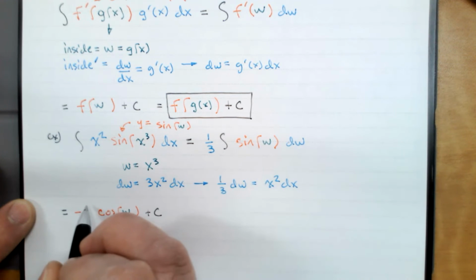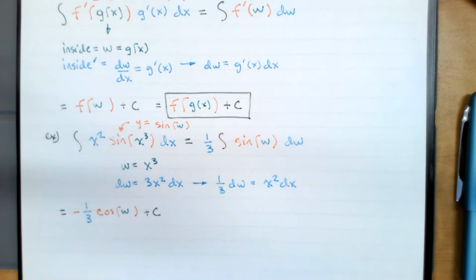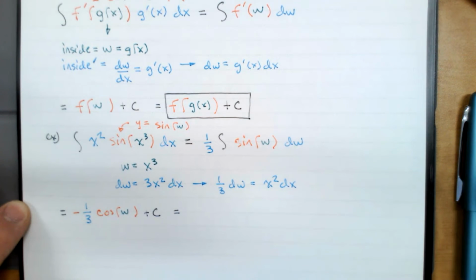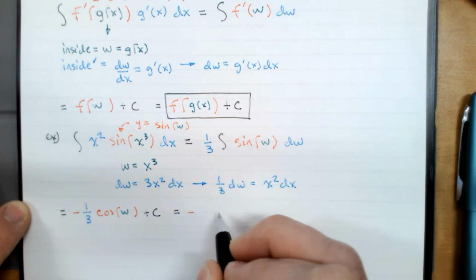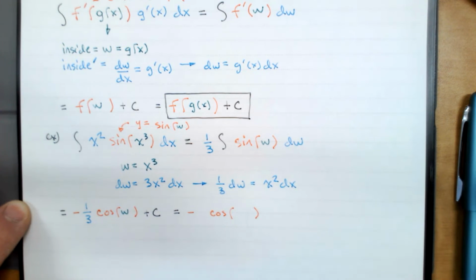And the other thing that's still there is the 1/3. 1/3 is now just a constant factor. It just tags along. And then the last thing we have to do is go back to x. So our final answer will be negative 1/3 times the cosine of x cubed plus c.